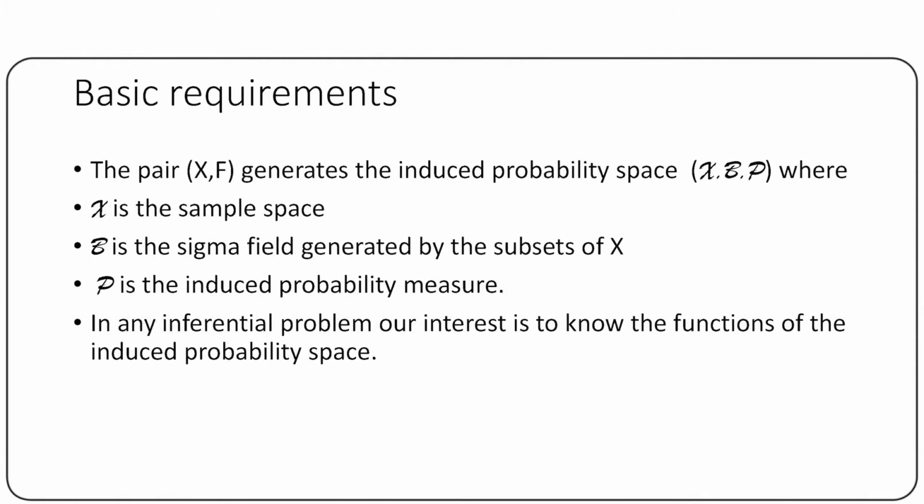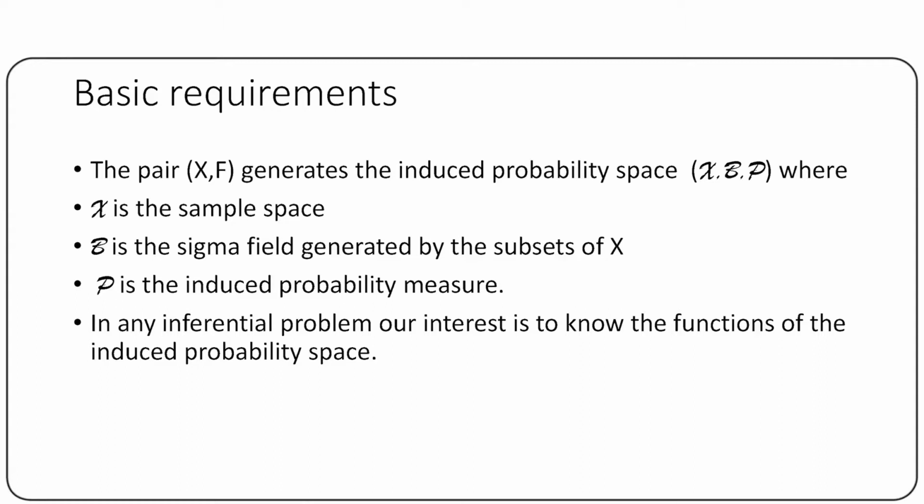Then the pair x and F generates the induced probability space with elements: the sample space, the sigma field generated by all possible subsets, and a probability, that is, an induced probability measure. So, we first explain the notion of an induced probability space.